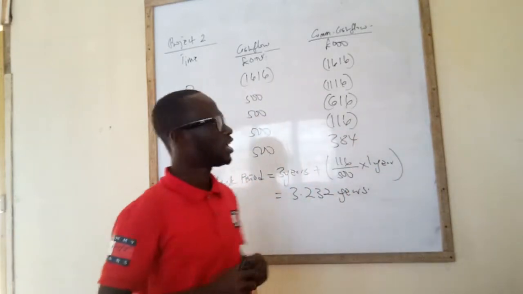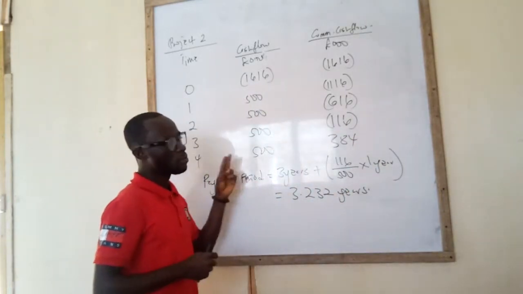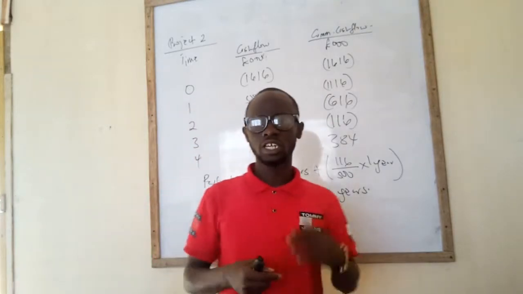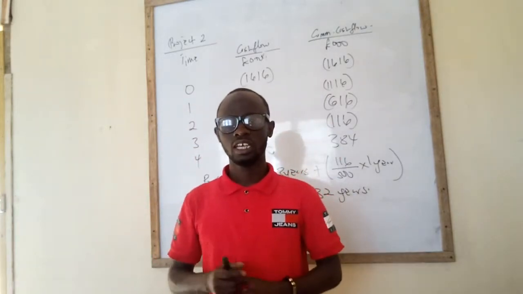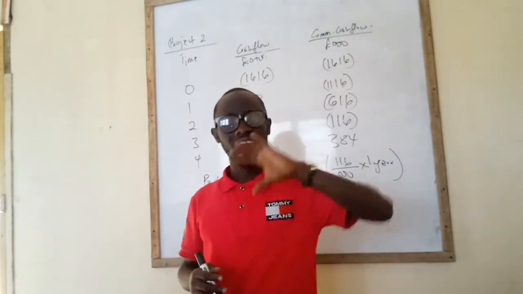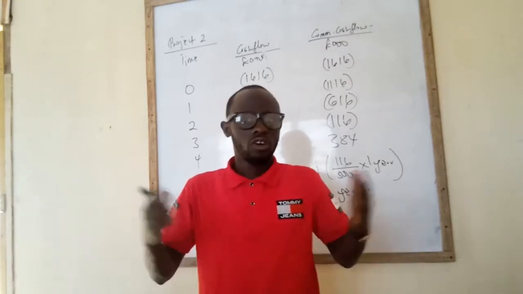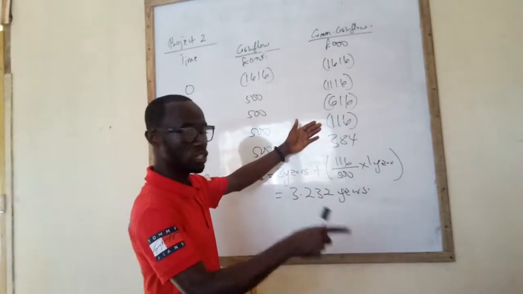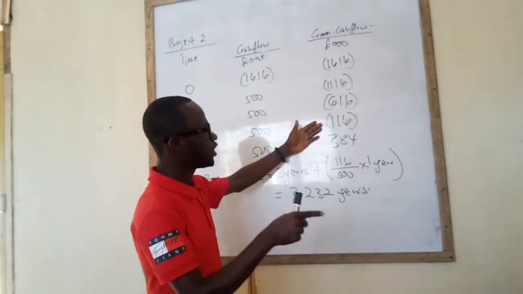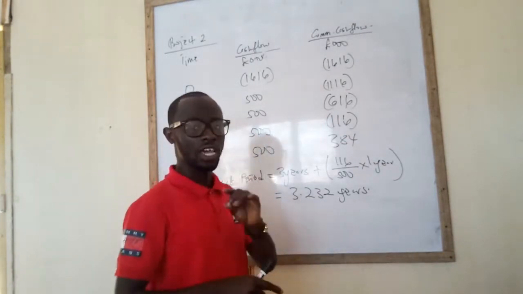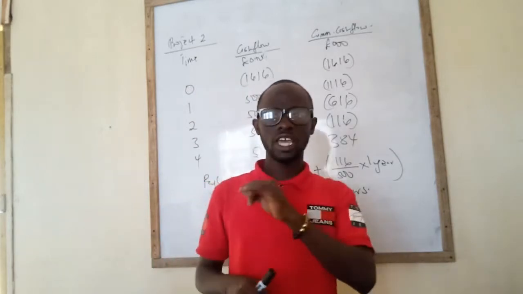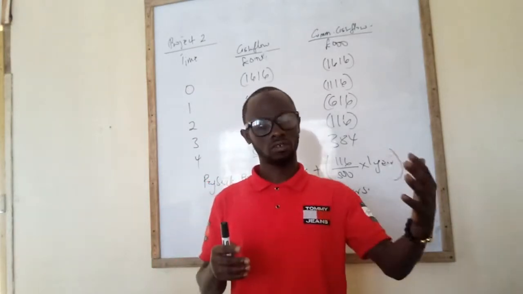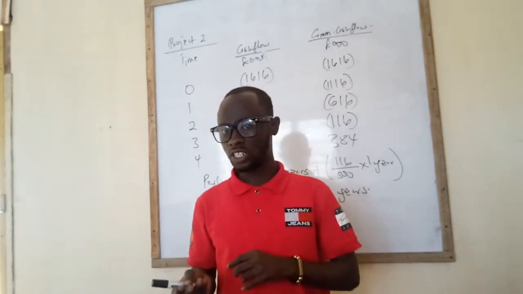Two, the second thing is that the payback period does not take into consideration cash flows that the company earns after the payback period. For instance, in project 1, it was 2.78 years. Now, 2.78 years is how long it takes for us to pay off our initial investment.